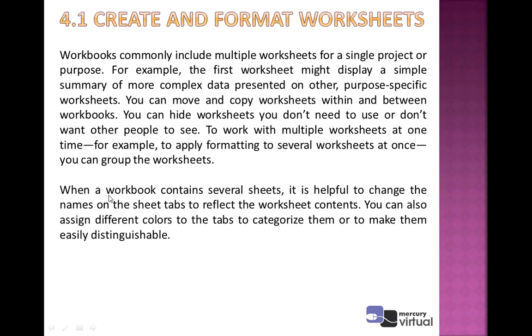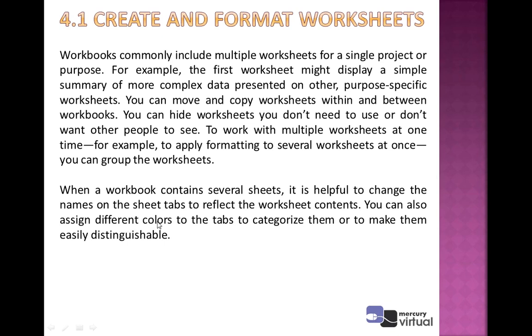Another paragraph says, whenever a workbook contains several sheets, it is helpful to change the names of the worksheet tabs to reflect the worksheet contents. Suppose I am maintaining the result, so I can give the sheet name as result. If I am maintaining the records of the students, I can give the sheet name as records.